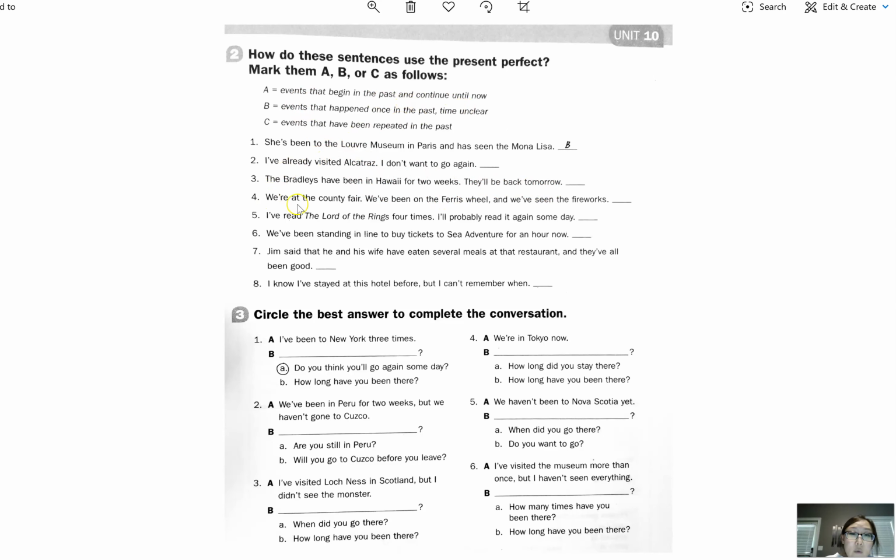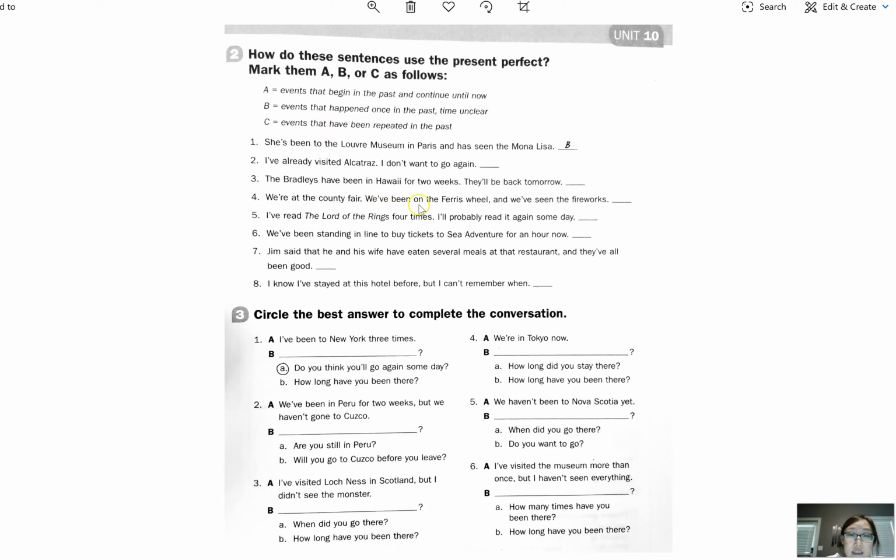Number 4, we're at the county fair. We've been on the Ferris wheel, and we've seen the fireworks. This one can be a little confusing because it says we are at the county fair. That means they went there in the past and they are still there.